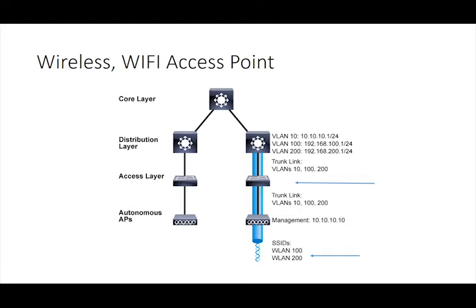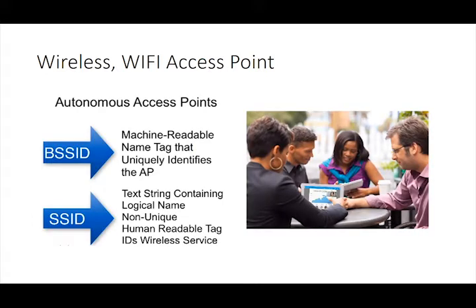The AP serves as an aggregation point for every device that wants to use the BSS, with a unique BSS ID that is based on the access point's own radio MAC address, advertised so that wireless devices can find it and try to join the wireless network. The BSS ID is a machine-readable name tag that uniquely identifies the AP.